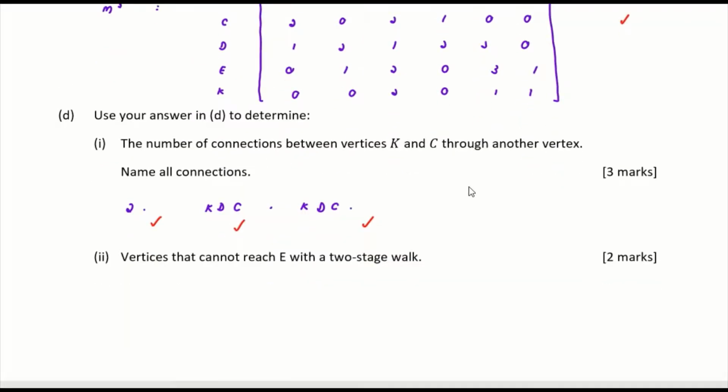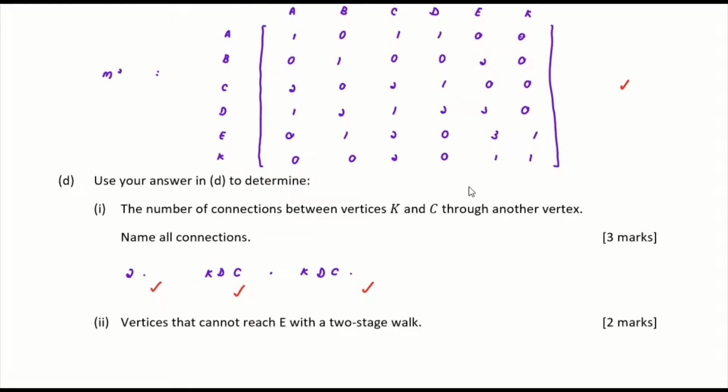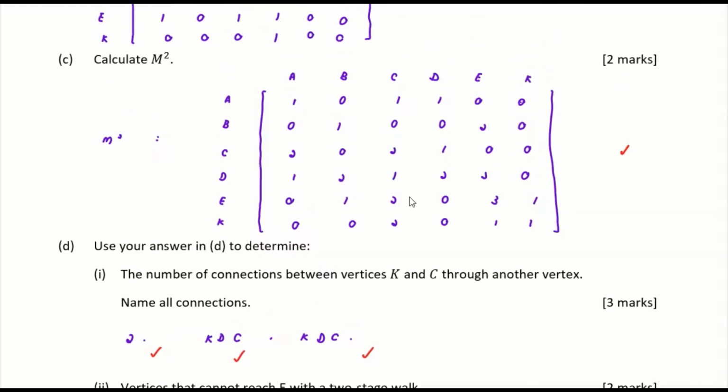So, vertices that cannot reach E with a two-stage walk. Okay, so in this case, same thing. How you identify whether there's a walk of length 2 or not is by looking at the M square matrix. So that's why, cannot reach E, you are looking at from what to E. So you are looking at this column.